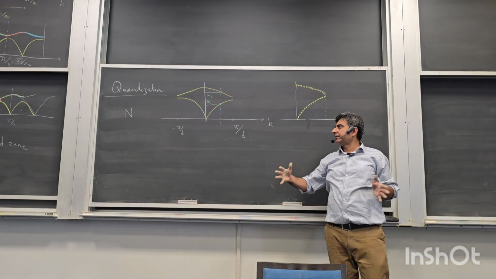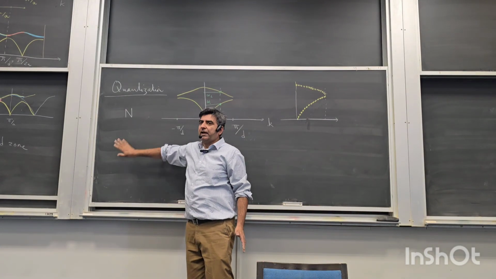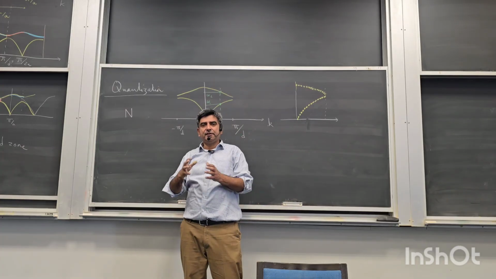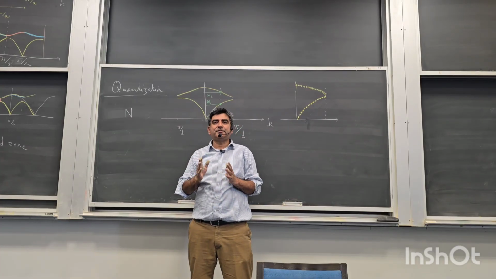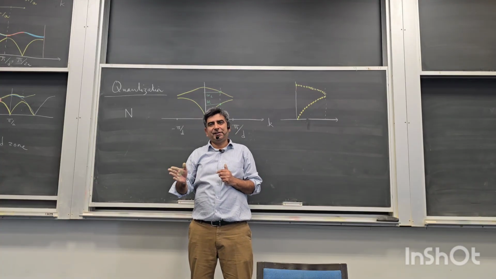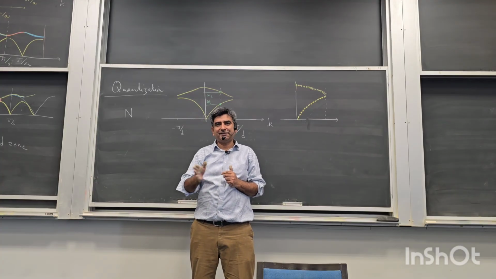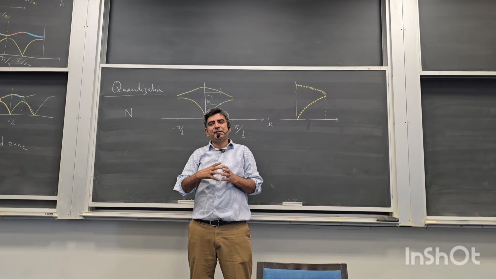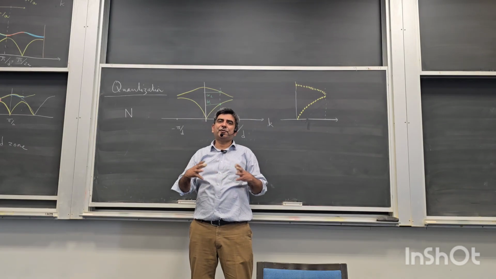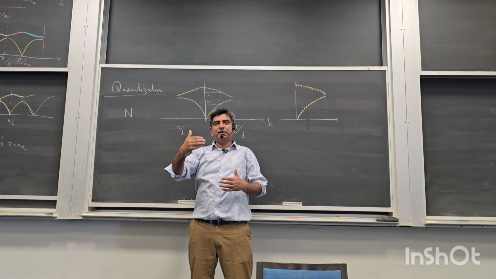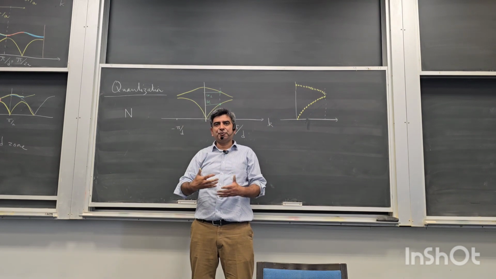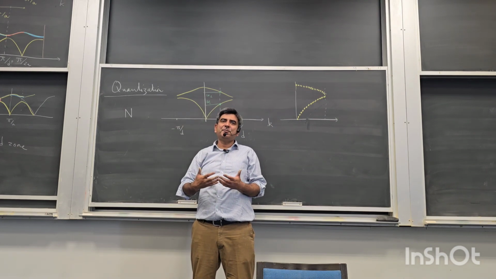Suppose there are n atoms in a monoatomic lattice. N atoms, monoatomic lattice, there's only 1 degree of freedom per atom. It can move along the x-axis. Only 1 degree of freedom. So there are n degrees of freedom. So if you write down the equation of motion, there cannot be more than n solutions.